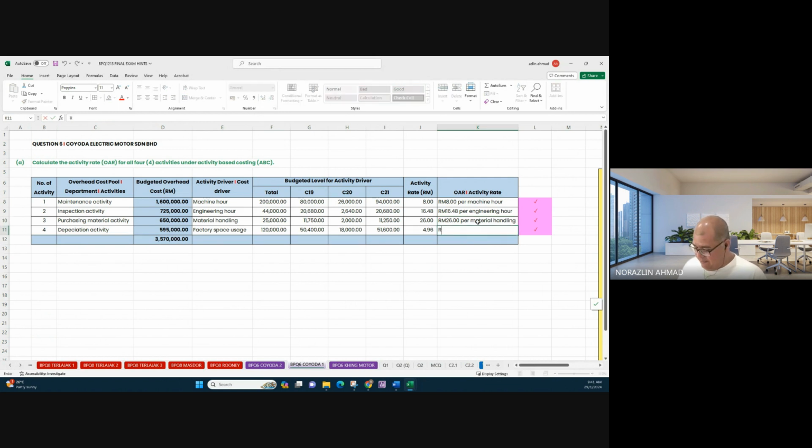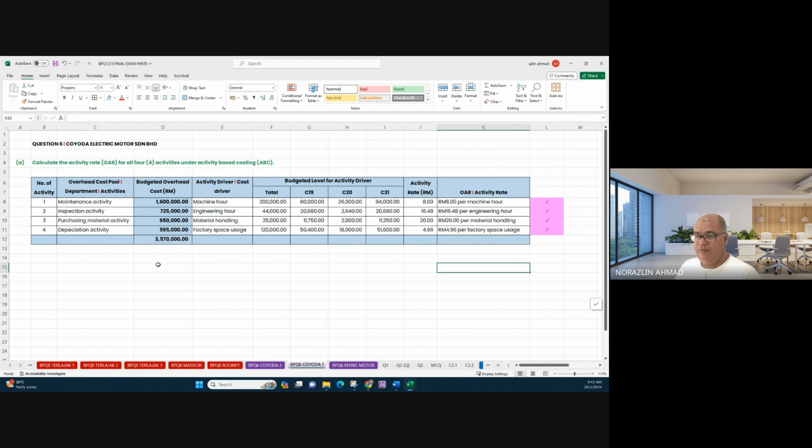And this one RM 4.96 per factory space usage. Clear, yeah? Okay. One, two, three, four ringgit.